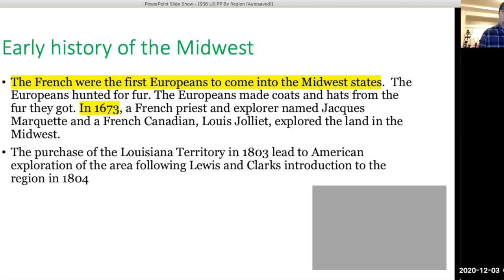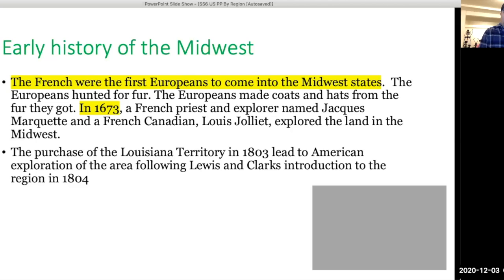So we're talking about the region of the Louisiana Purchase, right? And who did we purchase it from? France. The French were the explorers that came into that region, claimed it, and began to explore it, as trappers and traders.